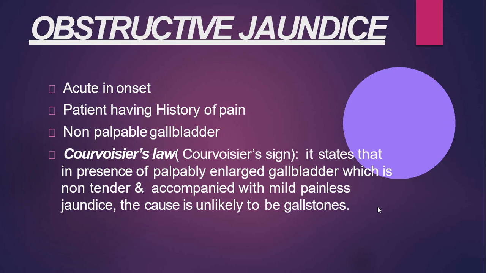Now what is Courvoisier's law? It states that in the presence of a palpably enlarged gallbladder, which is non-tender and accompanied by mild painless jaundice, the cause is unlikely to be gallstones. Now it means the cause is malignancy.